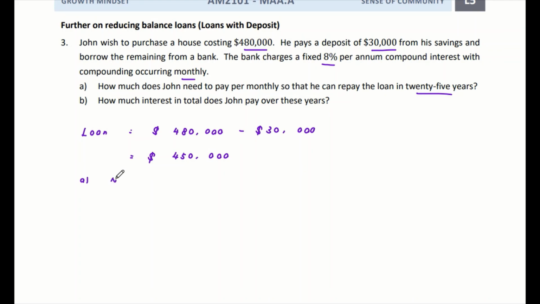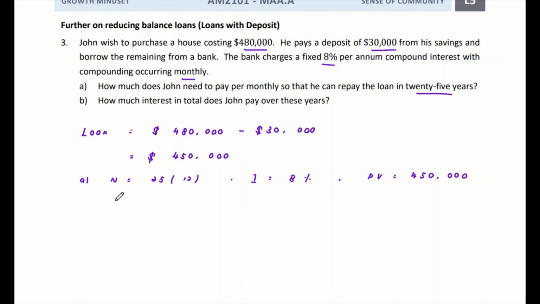For N, it's 25 years and monthly, so 25 multiplied by 12. You can just leave it like this, and you should always press this in your calculator as well. The interest rate in this case is 8%. I'm borrowing, so the present value, the money is with me, so it's positive 450,000. Remember I put in 30,000 for the deposit, so this is the amount of money that I borrow.